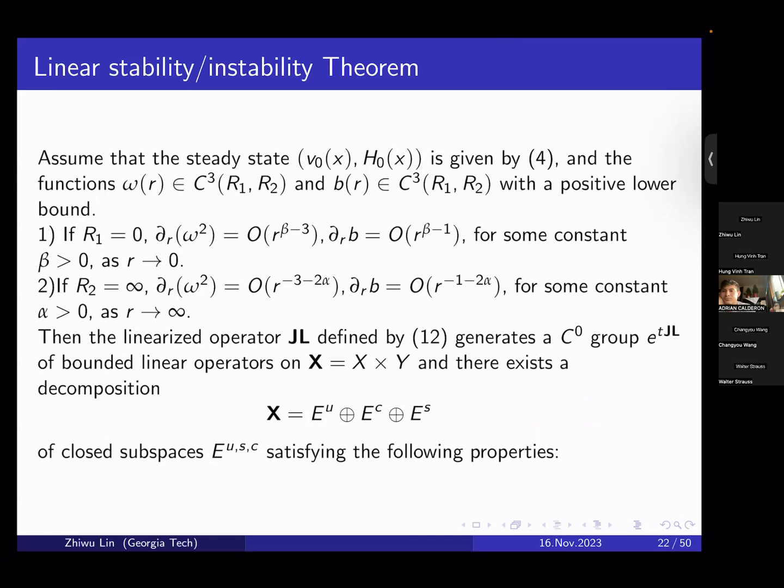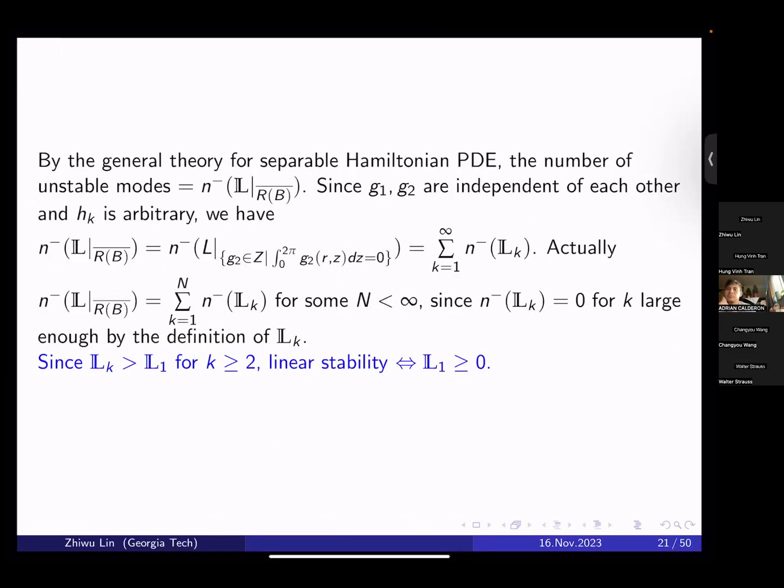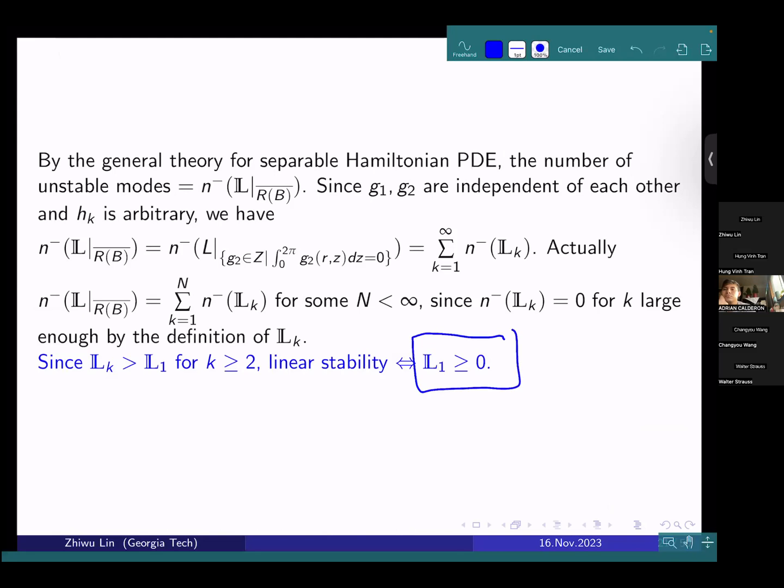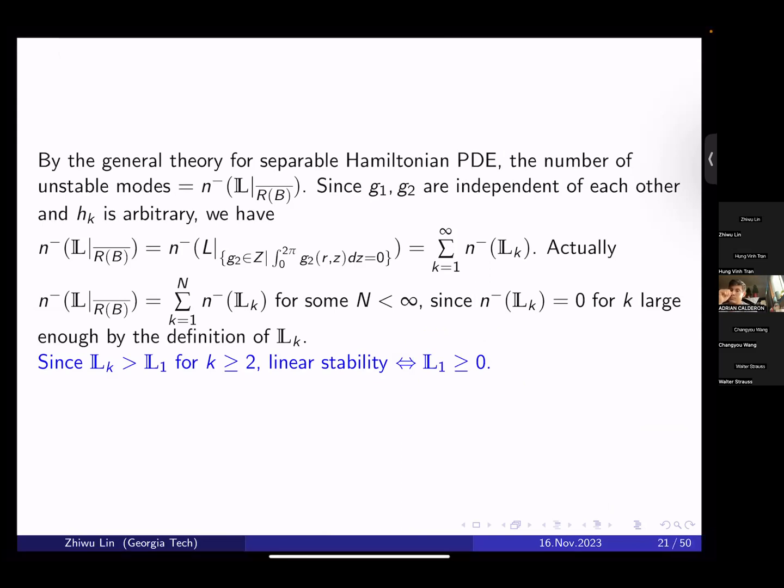Also, we can see from our stability criterion that the unstable mode is associated with the low frequency, right? Because if K is big, there's no instability. If K is big, then the operator is positive, and if it is a positive operator, there are no unstable modes.